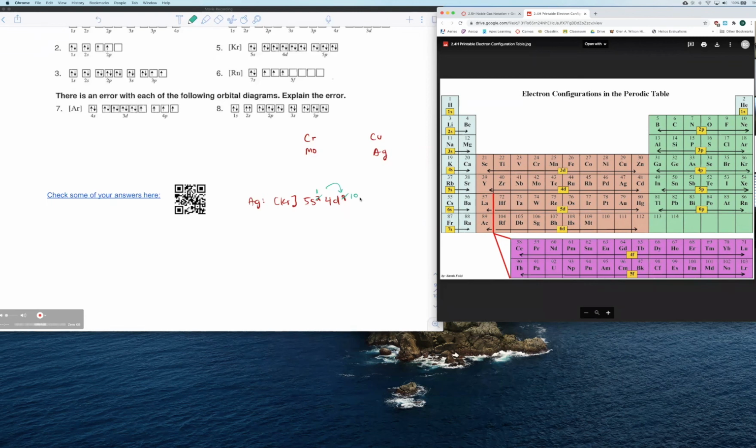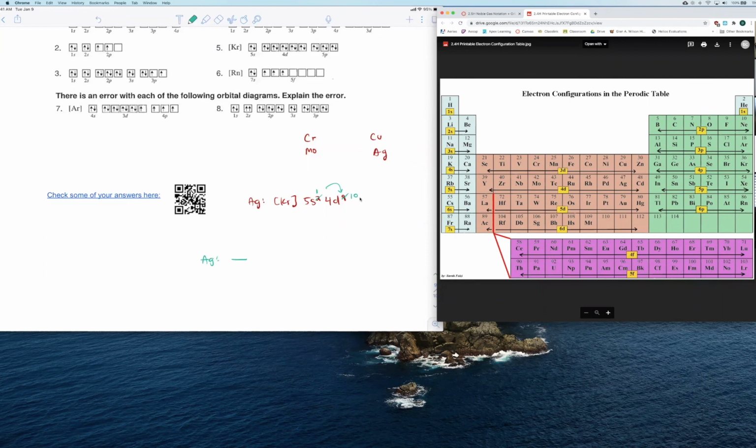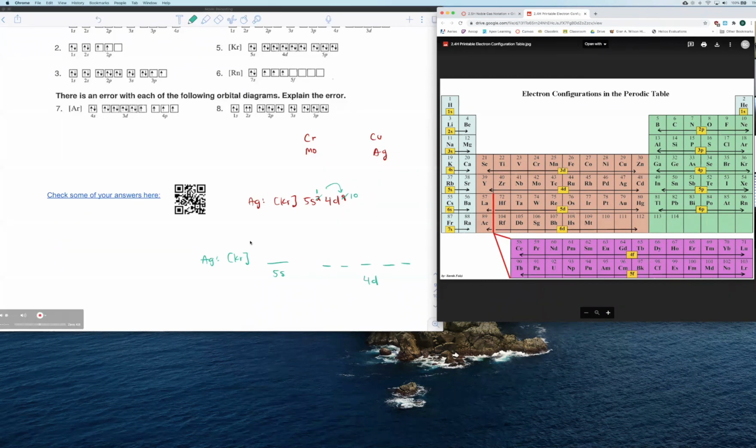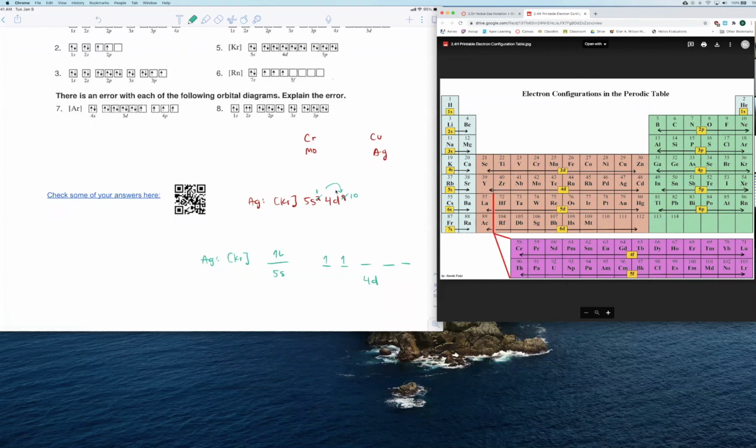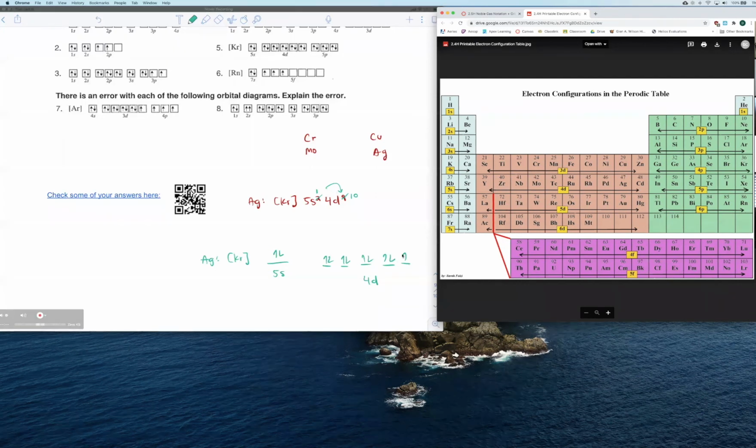And the reason for that is if you draw out the actual orbital diagram, you can visually see what's going on. So you can see here, if I drew it normally, so this would be 5s2 4d9. You can see there's one electron that's missing here, but you have all these electrons here. So you just literally need one more to make all these electrons stable.